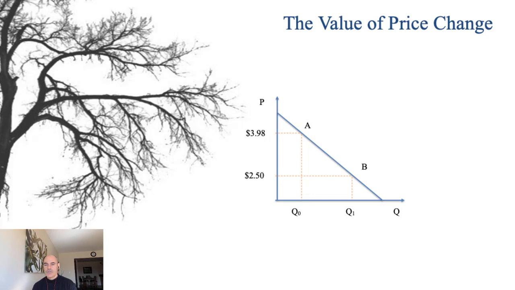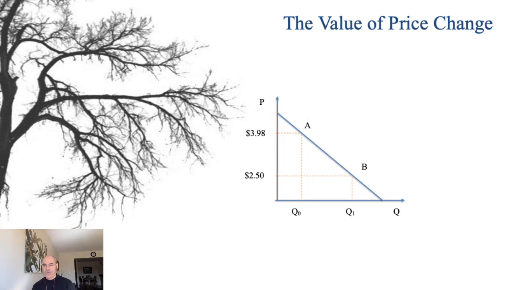How much are you willing to pay to prevent the price from rising from $2.50 to $3.98? One more time. The first question is, how much are you willing to pay to see or experience the price decline from $3.98 to $2.50?